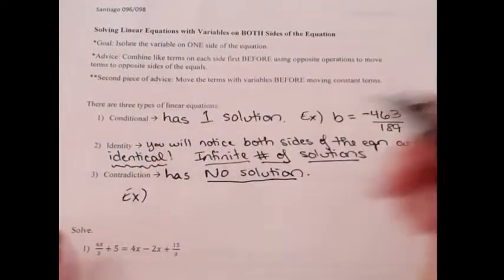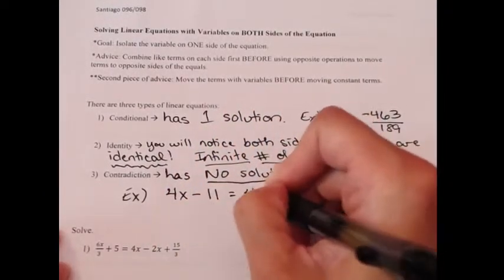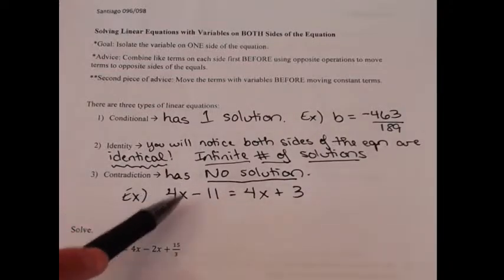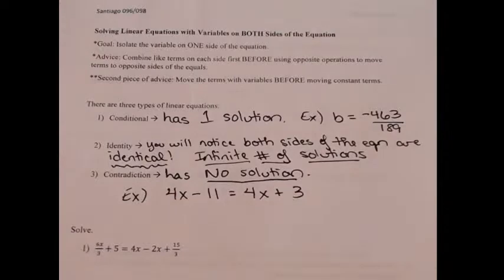So an example of a contradiction is something like 4x minus 11 is equal to 4x plus 3. Right? That's an example of a contradiction. You're probably thinking to yourself, well, okay, I kind of see it, not really. Well, let's play around with this. If you were to say x is equal to 1, 4 times 1 minus 11 is equal to 4 times 1 plus 3.